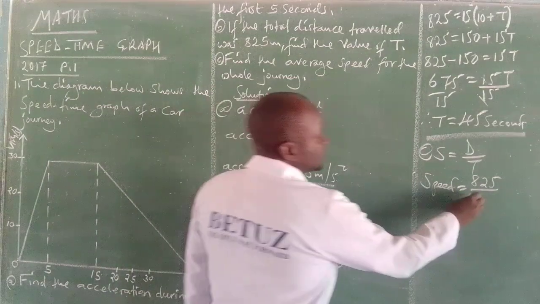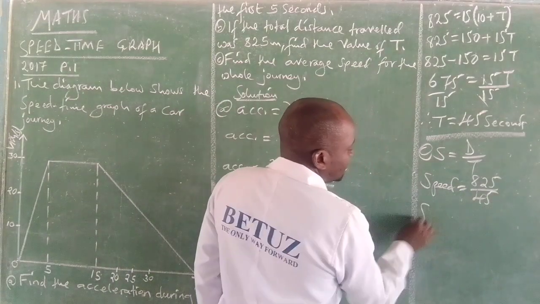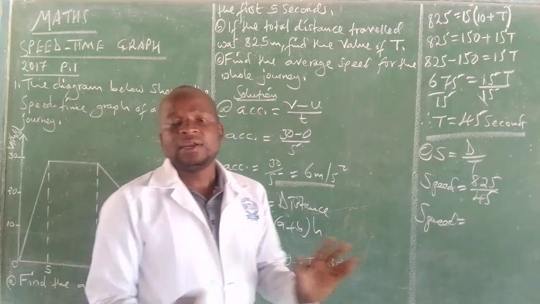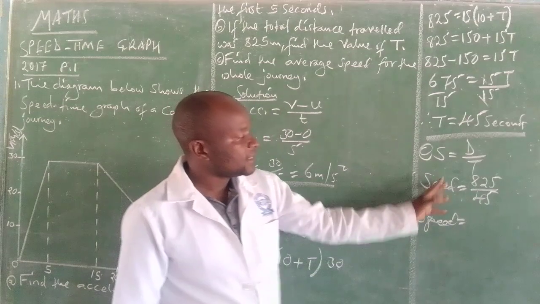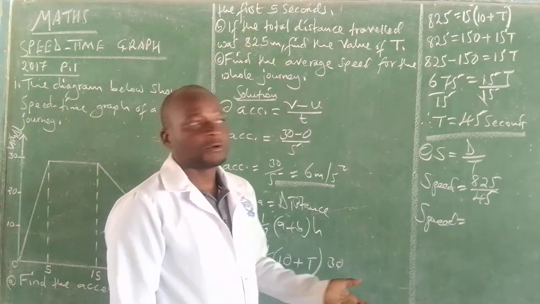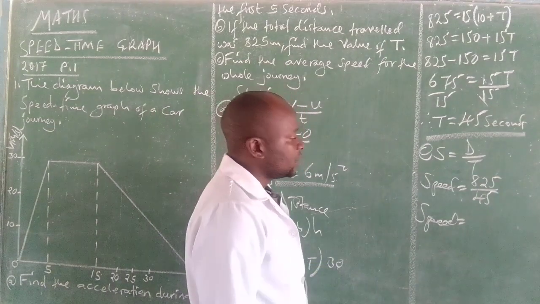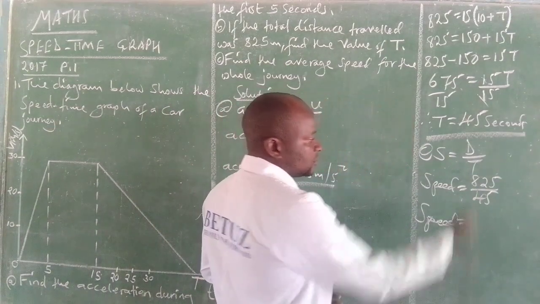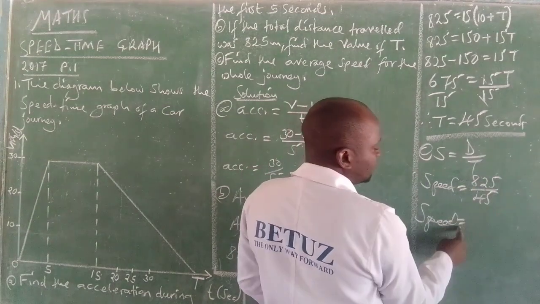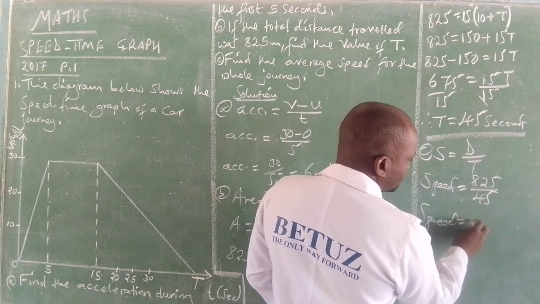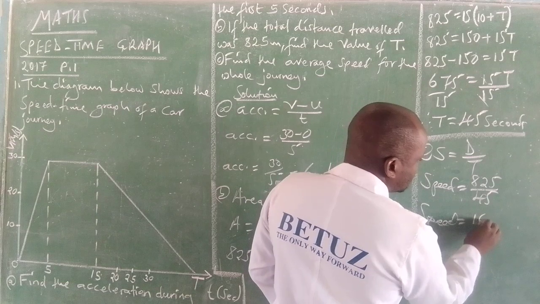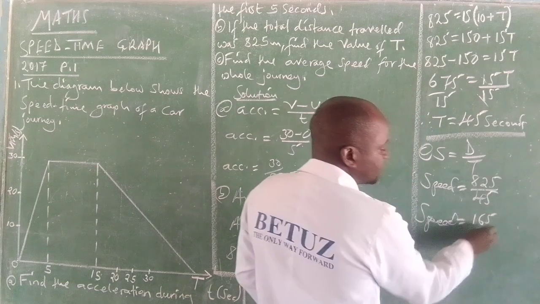So t is 45. And then speed is equal to, so in paper 1 we don't use calculators. If figures are big in this manner, you can still reduce them. There's no problem. In this case, we can use a 5 to reduce this. 5 into 825, we get 165.